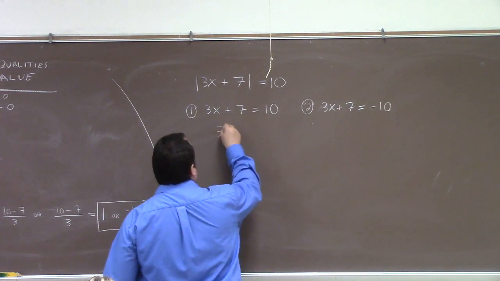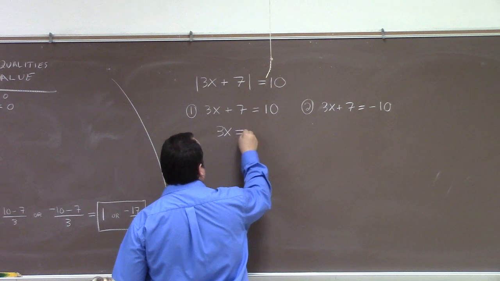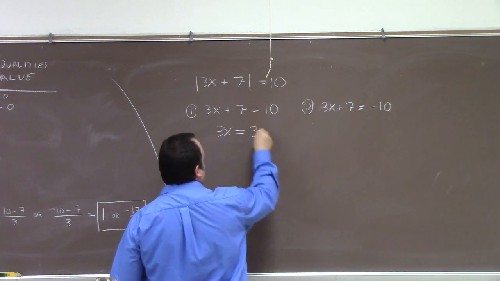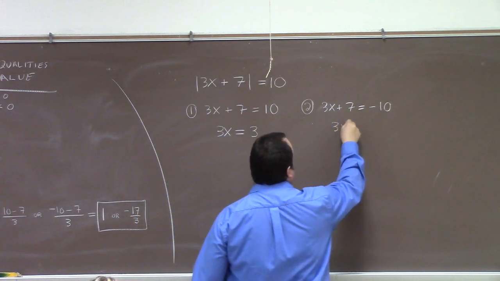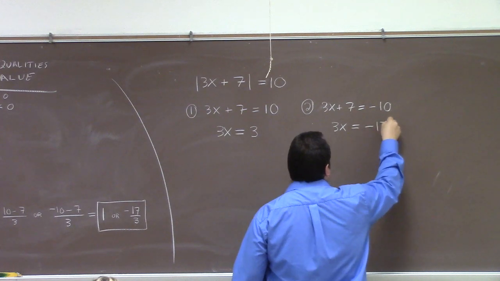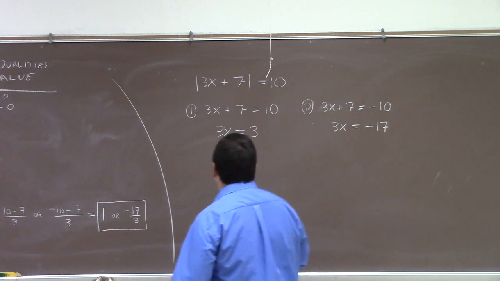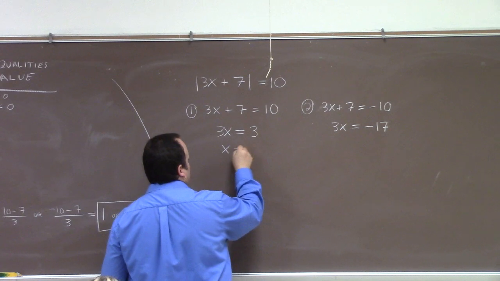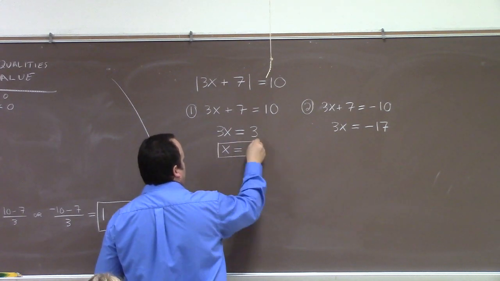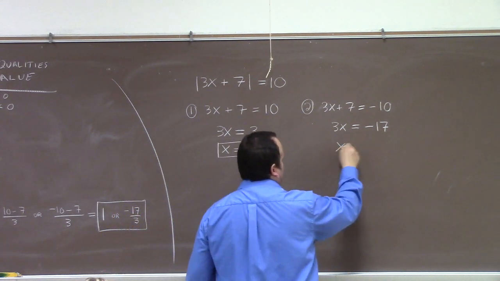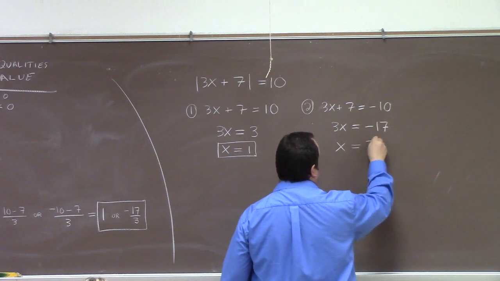So you be the judge whether you want to use the plus-minus notation or if you want to solve two equations. Which is a better way? I don't think there's a right answer to that. It's just a question of style.